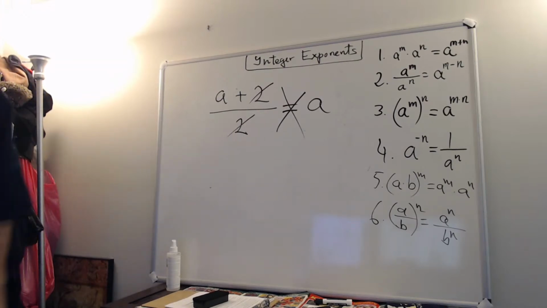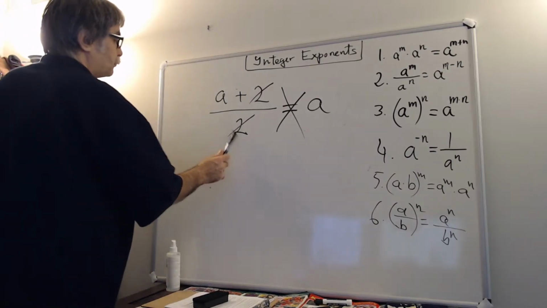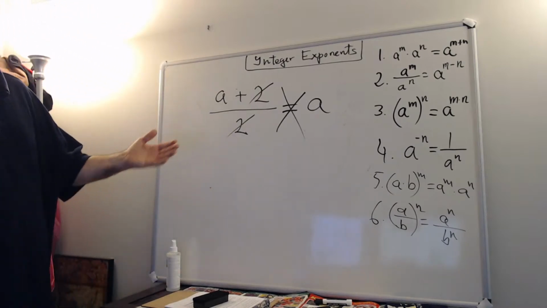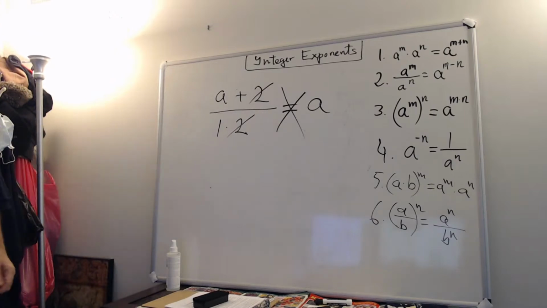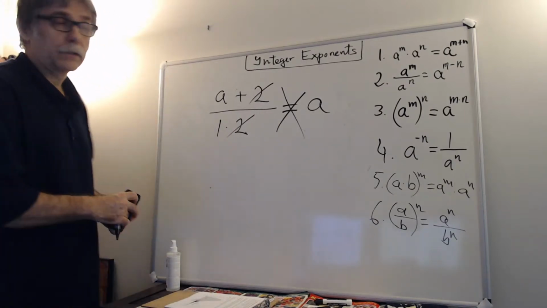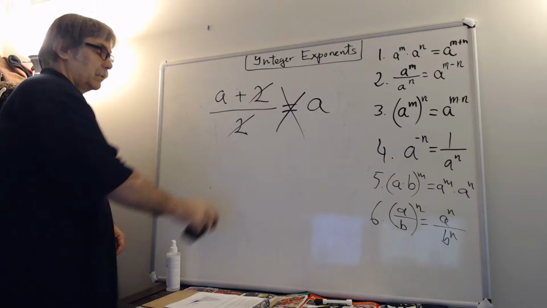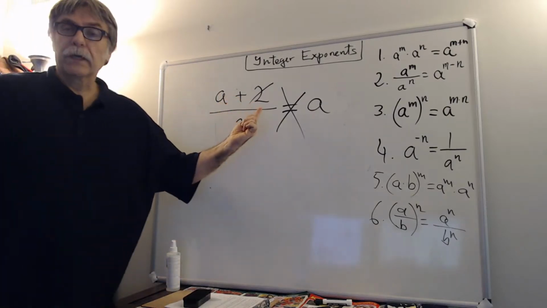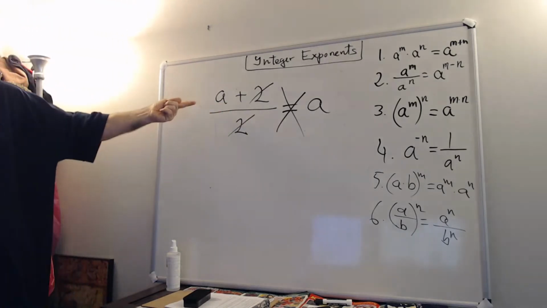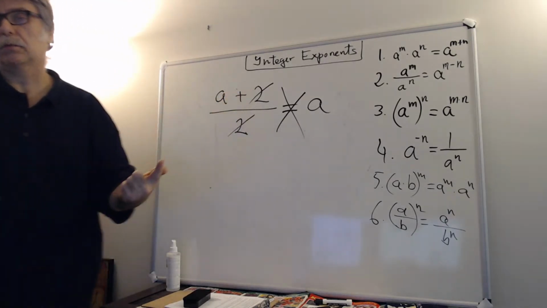What's the problem here? Well, this one you can consider as a factor because you can write this, if you like, 1 times 2, that's 2. So you can say, I have a factor here. Okay. You can have a factor. But this one is not a factor, no matter what you do, because it says a plus 2, not a times 2.